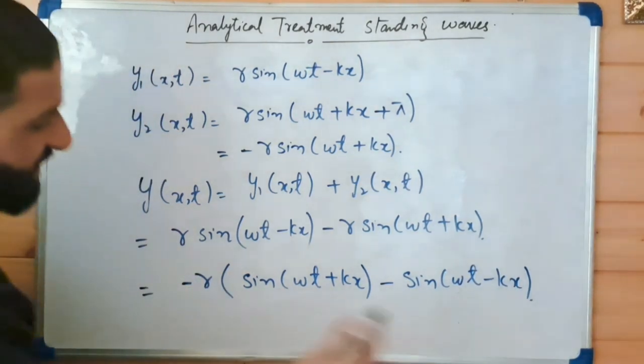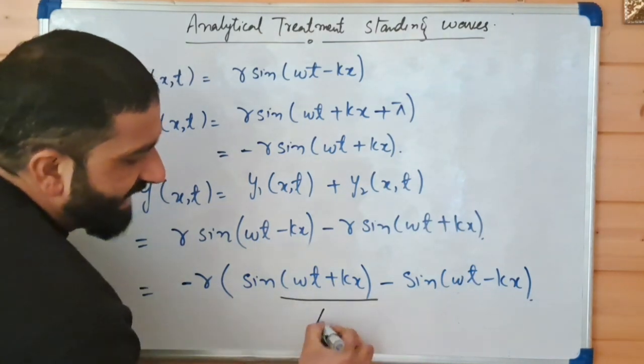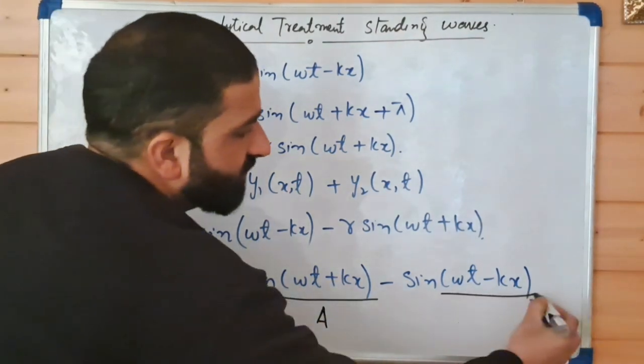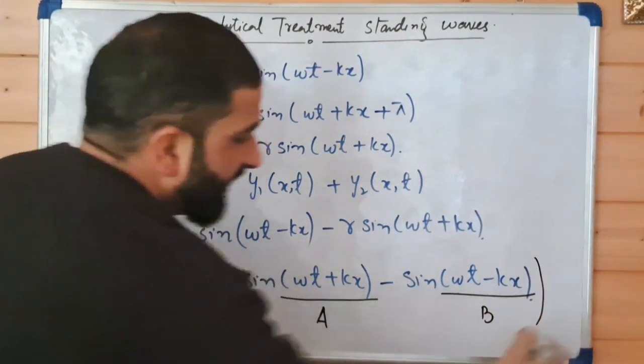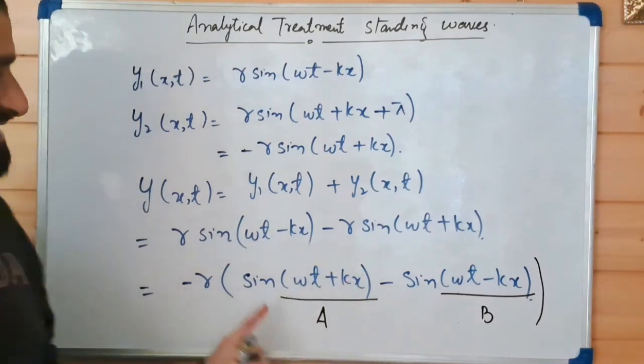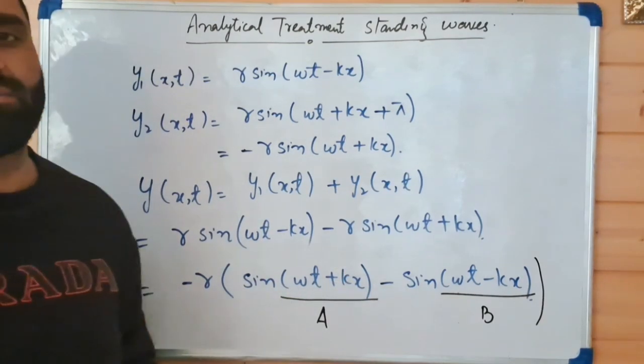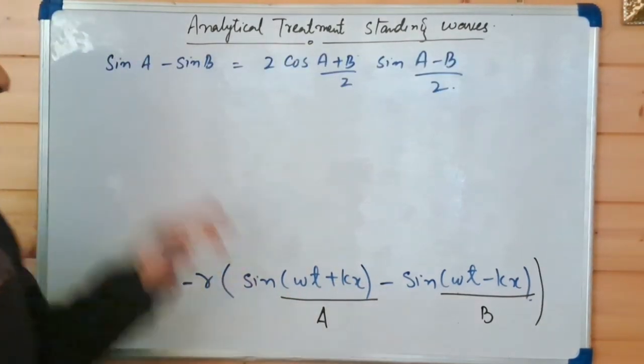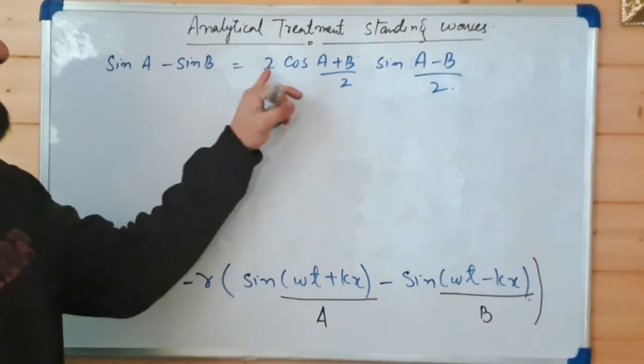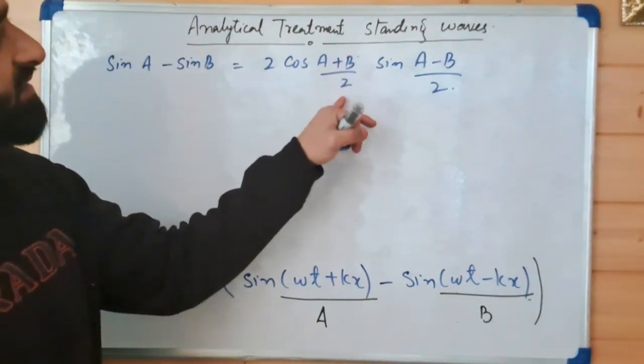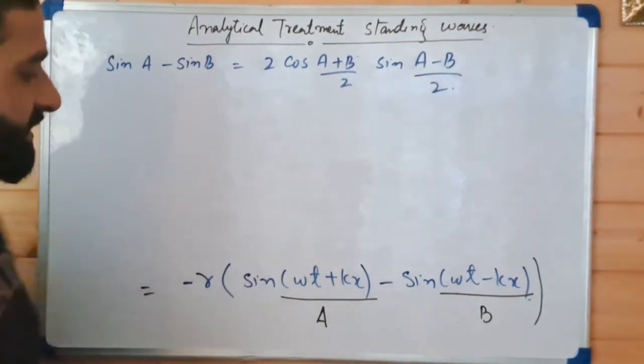Simple. Here we will take the first as A and the second as B. Now this becomes the formula sine A minus sine B. We have the trigonometric formula: sine A minus sine B is equal to 2 cos of (A plus B) divided by 2 into sine of (A minus B) divided by 2.